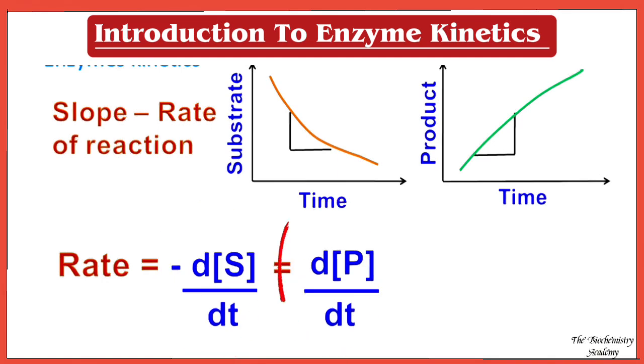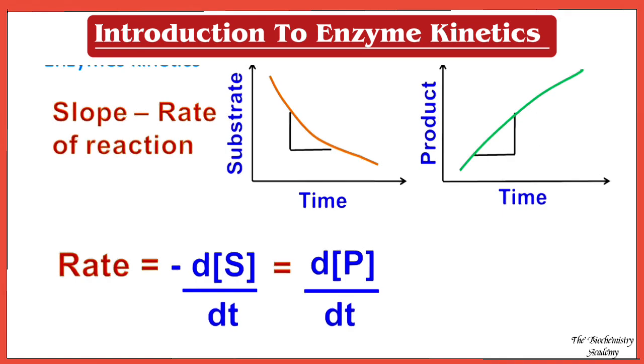As the substrate concentration decreases, we have a negative sign, while in the case of the product, it is a positive sign because the product formation increases over time.